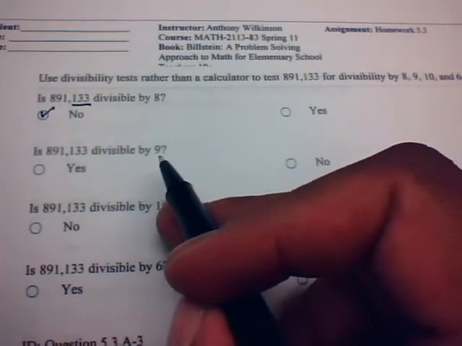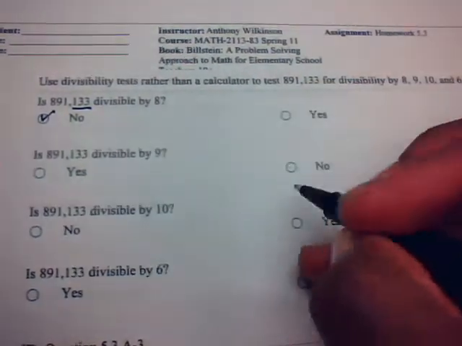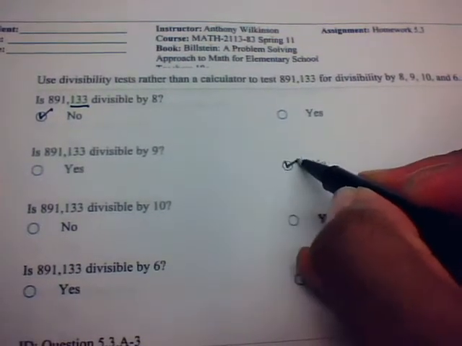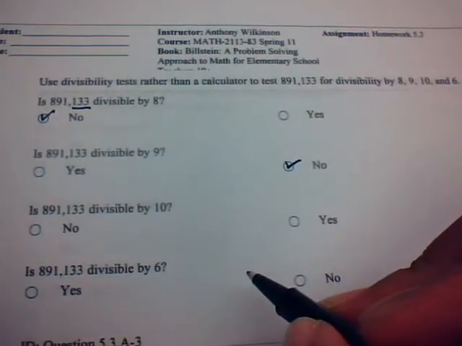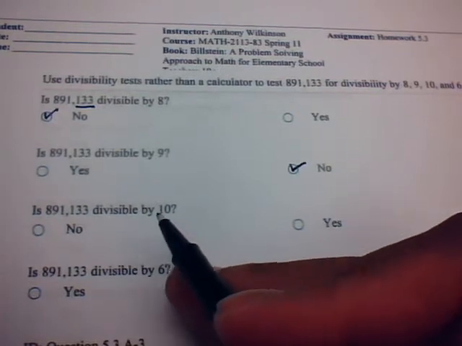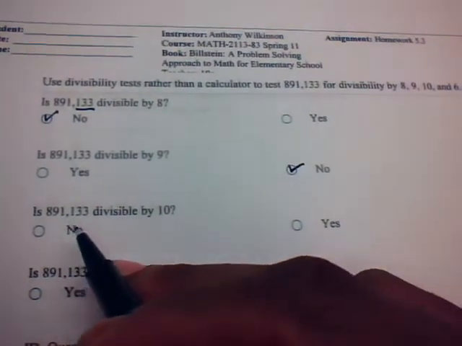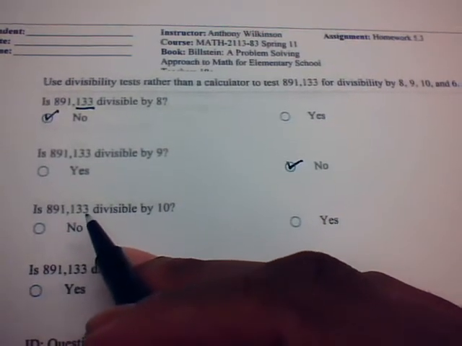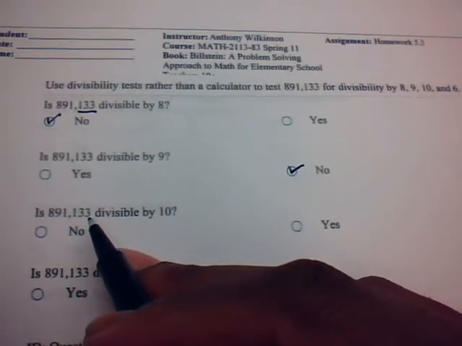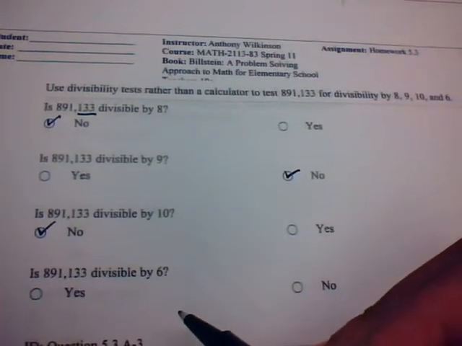Here 25 is not divisible by 9. So that answer there would be no. Now what about by 10? For this number to be divisible by 10, the last digit must be a 0. In this case, the last digit is 3. So easily, that's not divisible by 10.